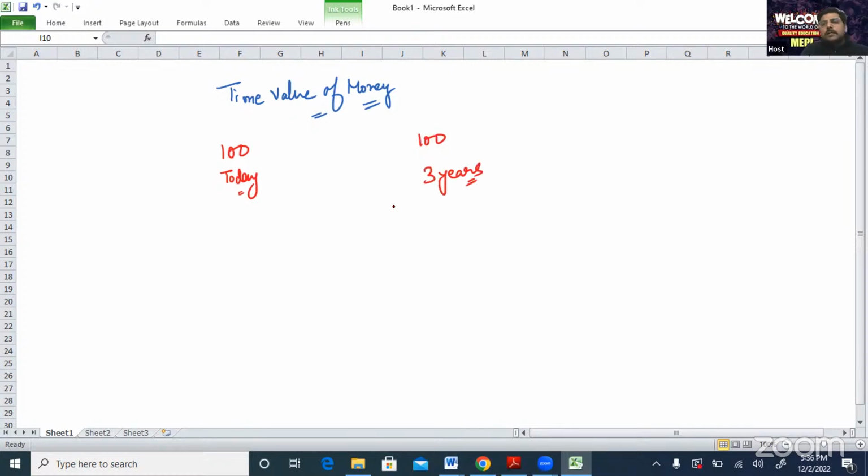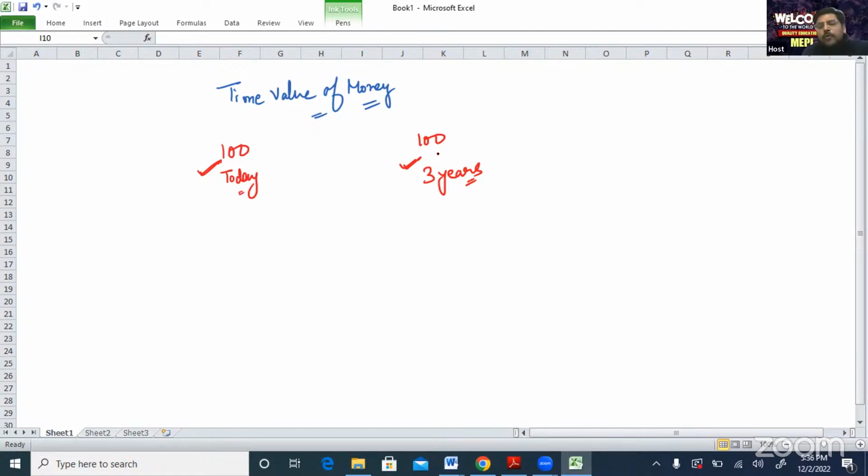The question is, which option you would prefer? Whether 100 rupees today or 100 rupees after 3 years. Some of you might say 100 rupees today, some of you might say 100 rupees after 3 years.